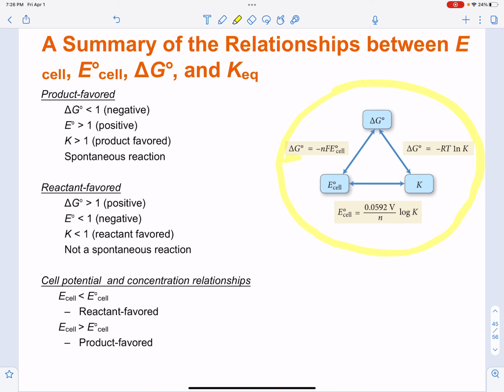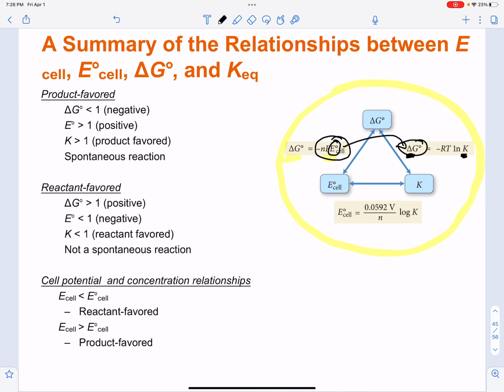Standard Gibbs free energy with standard cell potential. And you know that you get the standard cell potential by doing the reduction potential for the cathode minus the reduction potential for the anode. We can relate the Gibbs free energy to the equilibrium constant, which means it is the same as that.